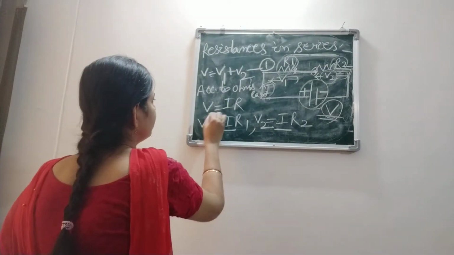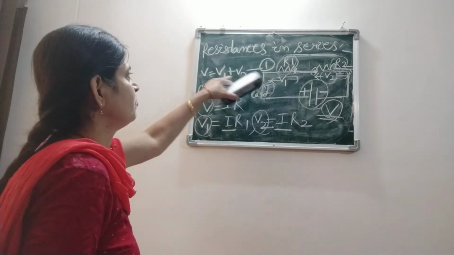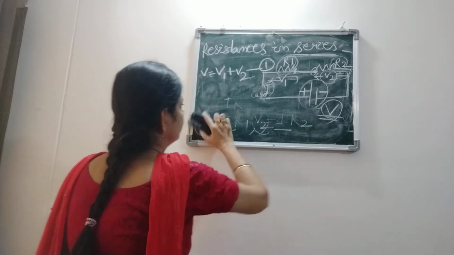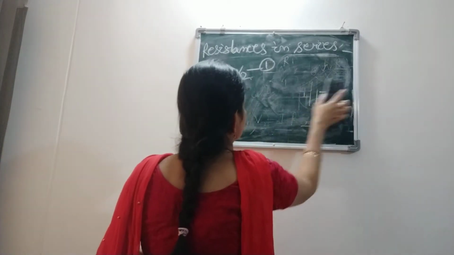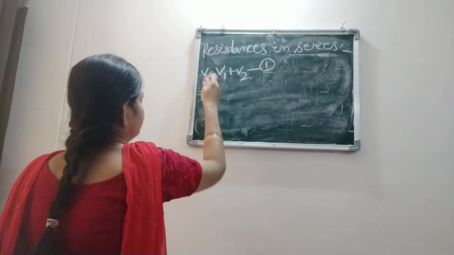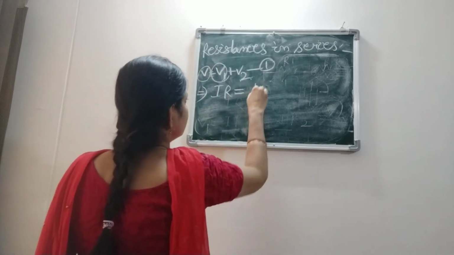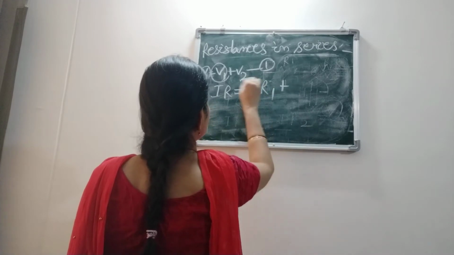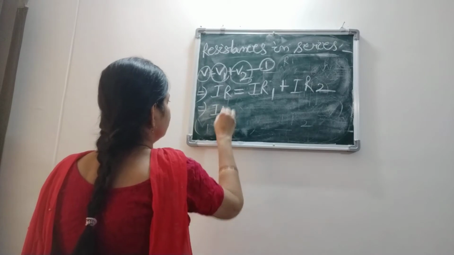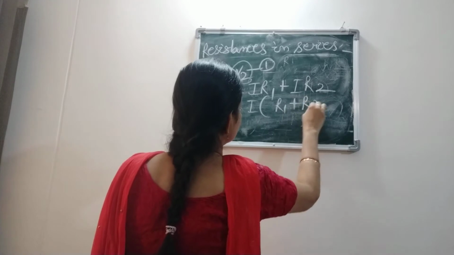Now putting the values of V, V1 and V2 in equation number 1. So V is equal to IR. Instead of V1 you can write IR1 and instead of V2 IR2. So IR is equal to, taking I common from the right hand side, I times R1 plus R2.